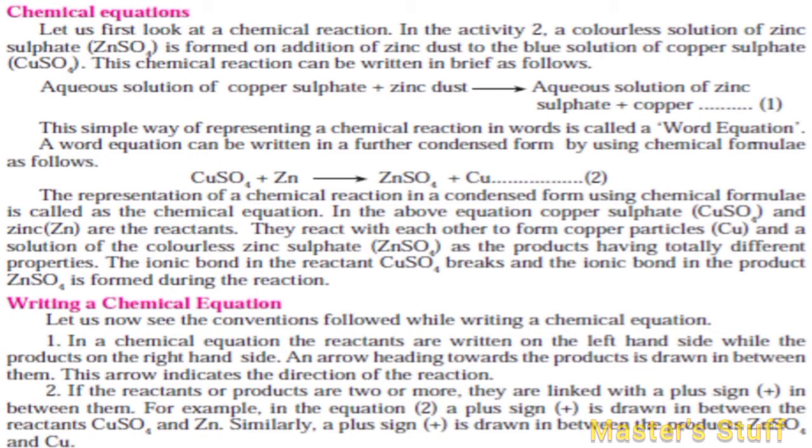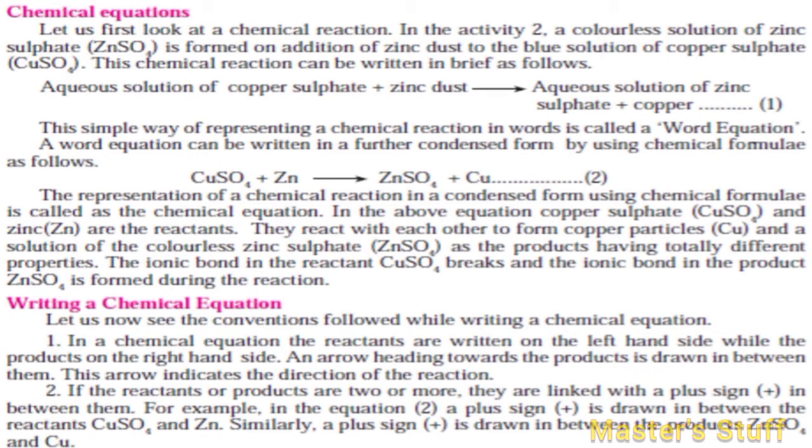This word equation can be further written in condensed form by using chemical formulae, as CuSO4 plus Zn gives ZnSO4 plus Cu. This condensed representation of a chemical reaction using chemical formulae is called a chemical equation.